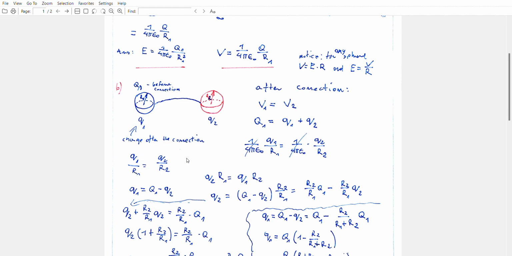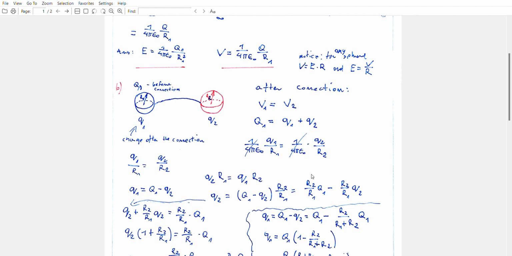From this equation I can calculate that q1 is equal to capital Q1 minus q2. Substituting this here, I get q2 equal to Q1 minus q2, multiplied by r2 by r1.